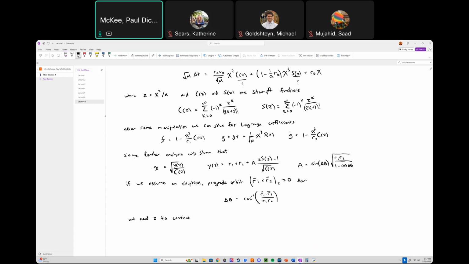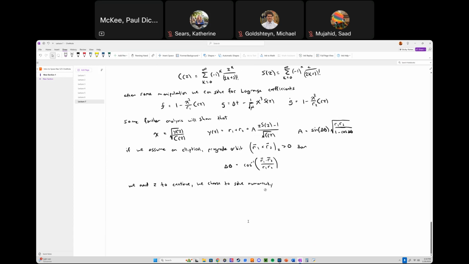And what we will do here is, we're going to end up solving for Z numerically, with some initial guess. So the iteration is going to go like this.